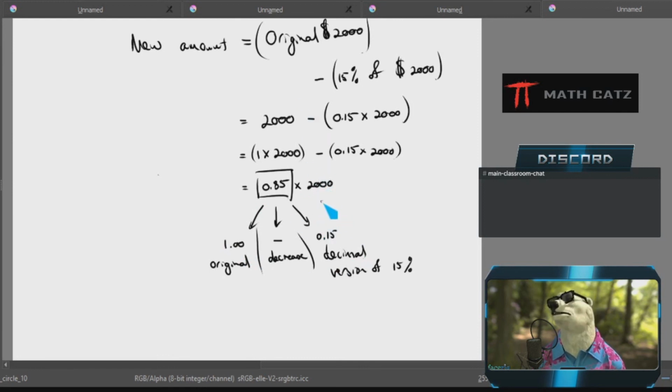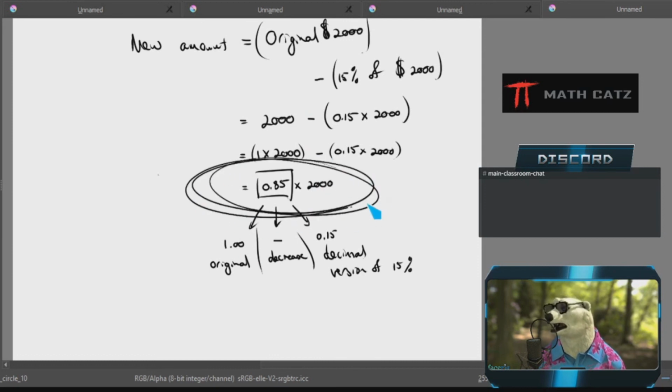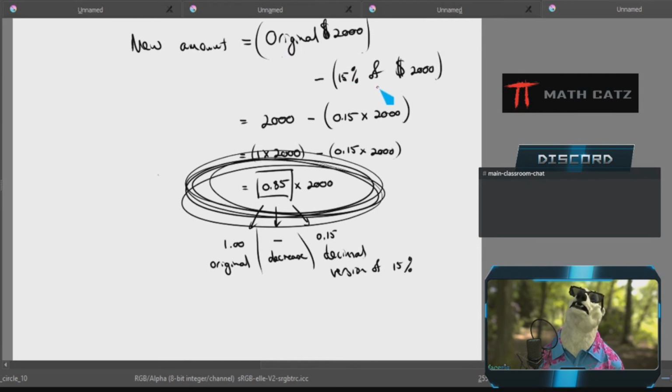So it's very similar. And again, this is what I focus on. Construct the calculation. Construct this adjustment factor. Then the answer comes out of that. I don't actually ever think about the answer. Now you could do it by separating the original from the change amount. And in some cases, yeah, sure.